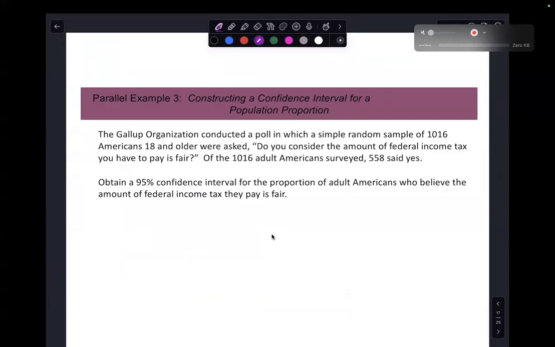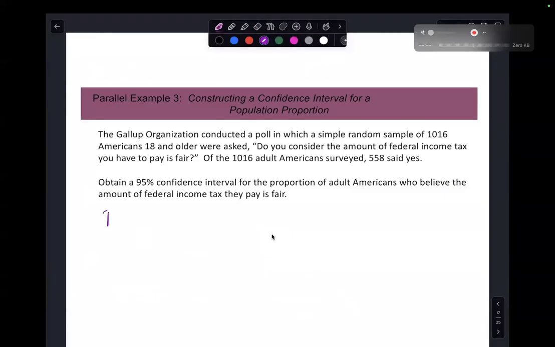The Gallup organization conducted a poll in which a simple random sample of 1,016 Americans 18 and older were asked, do you consider the amount of federal income tax you have to pay is fair? Of 1,016 adults, 558 said yes. So we're going to get our p hat. Make this smaller.